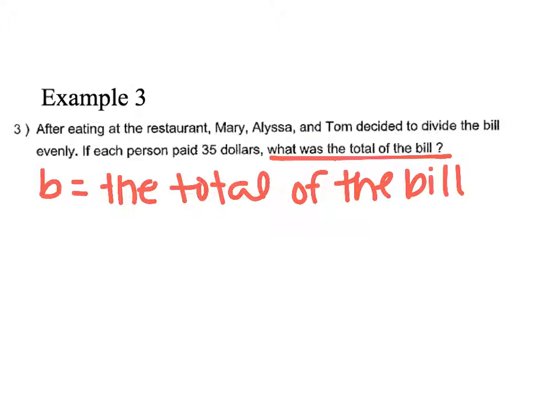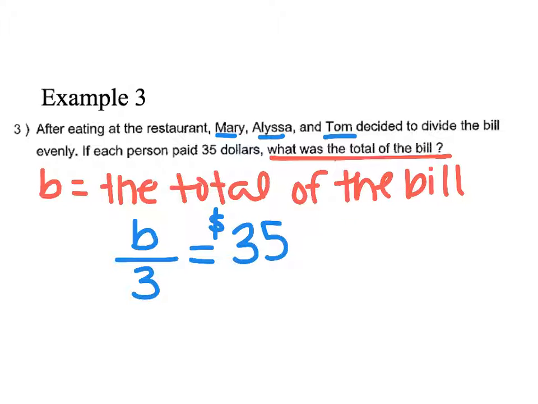Alright, so if you take the bill, which we don't know what it is, the total bill, and they cut it in 3 perfect pieces, Mary, Alyssa, and Tom each paid an equal amount. So if we take the bill and cut it into 3 equal pieces, that would be dividing, we would get how much each person paid, which is $35.